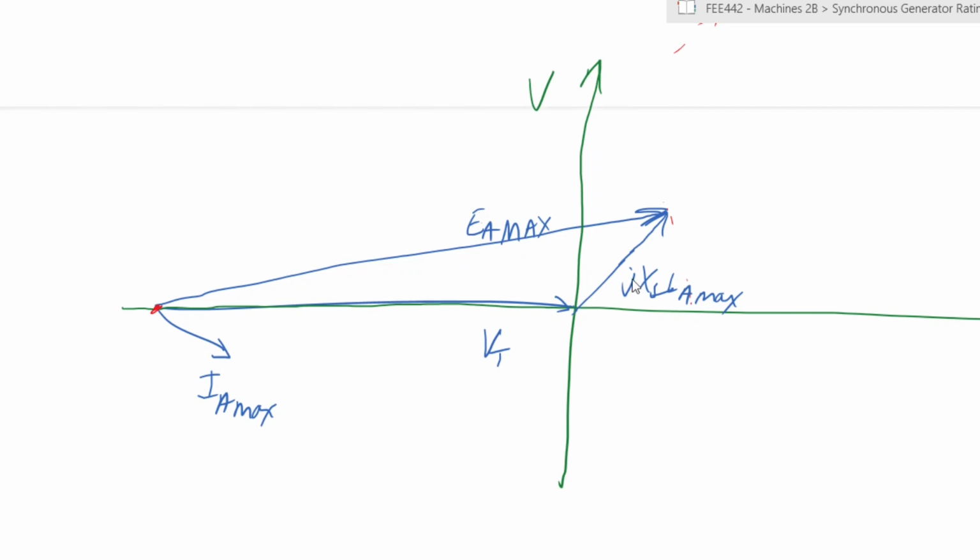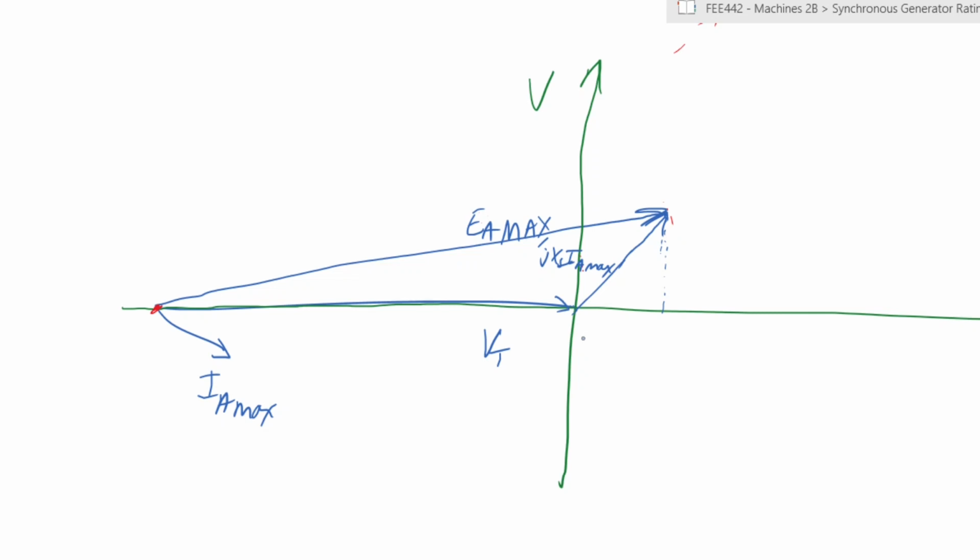What we will understand here is that the phasor that we have here can be broken down into its components looking like this, right?